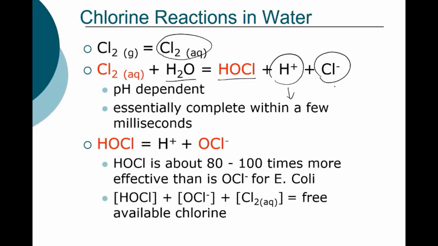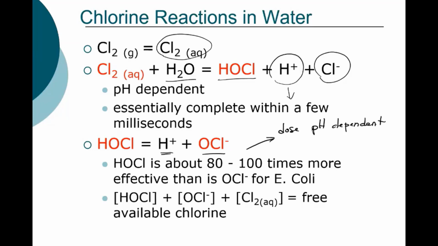Hypochlorous acid can dissociate, releasing a proton, forming hypochlorite, but hypochlorous acid is about 80 to 100 times more effective than hypochlorite for killing E. coli. So that means that our dose is pH dependent.